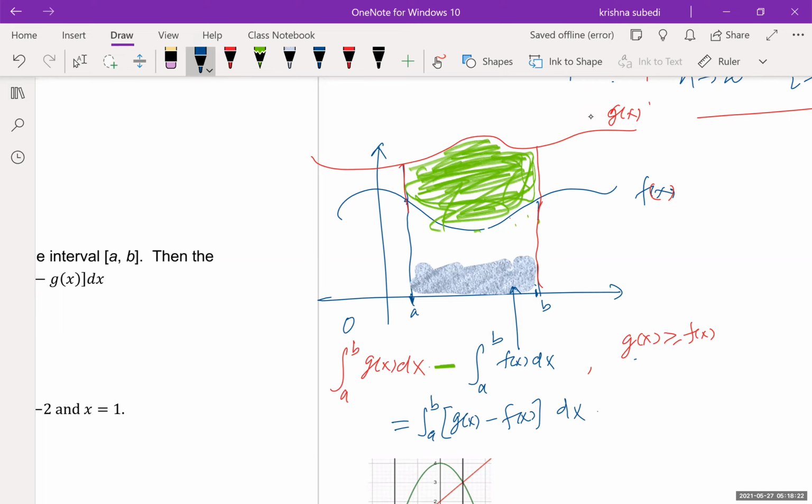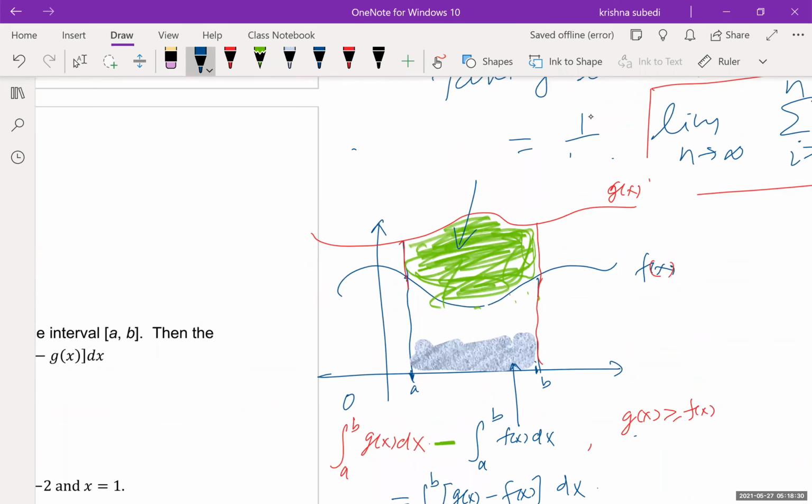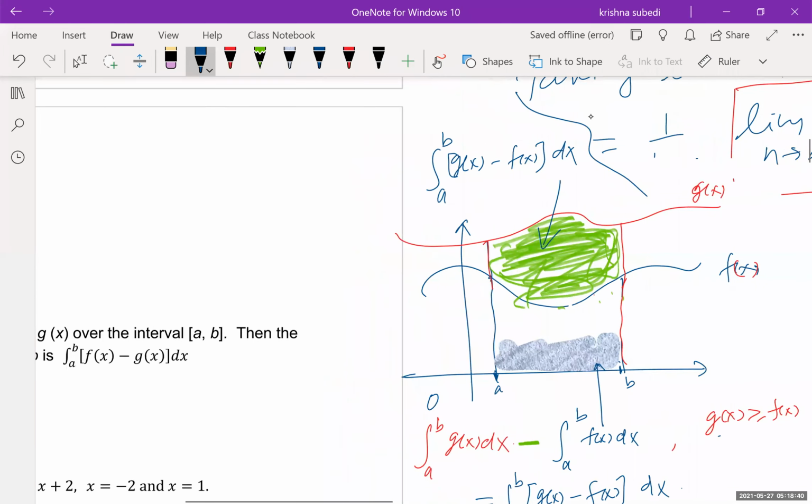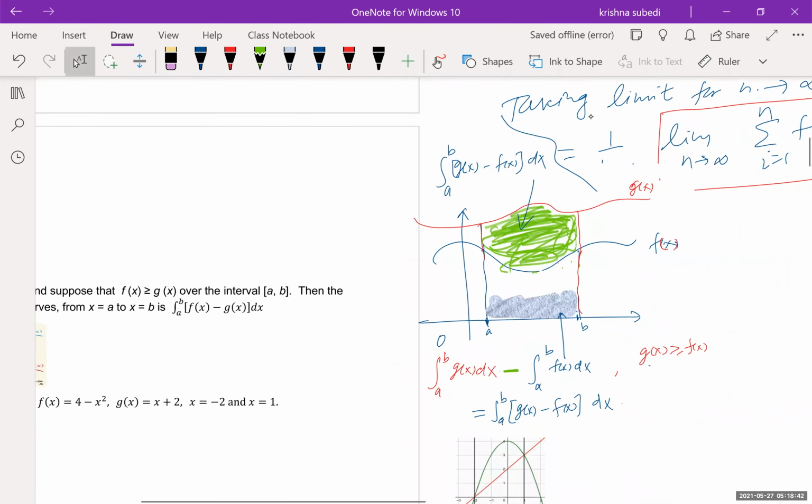If f is greater, then it will reverse: f of x minus g of x. So this area is given by the integral from a to b of g of x minus f of x dx. Okay, that's how we can find the area between the curves.